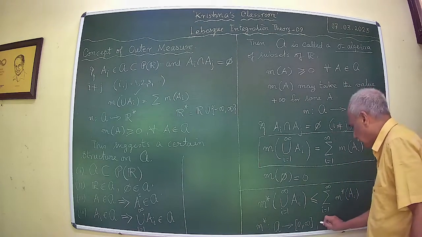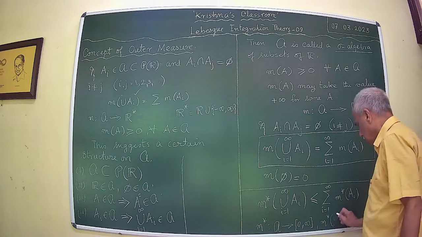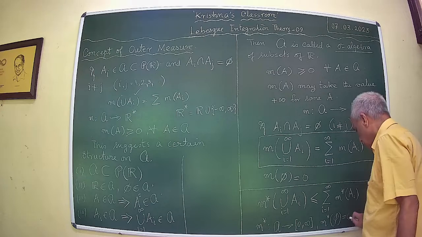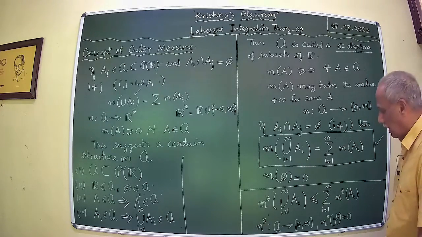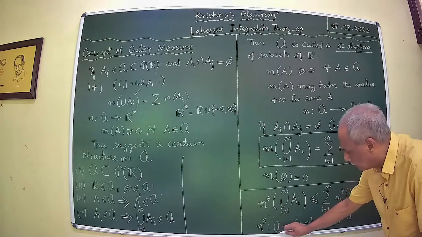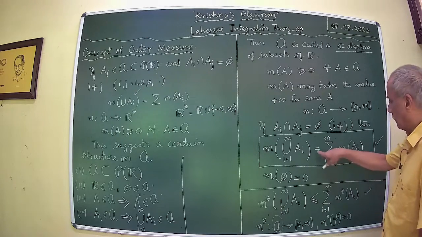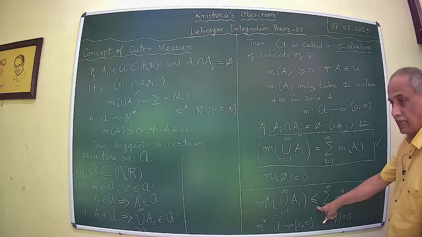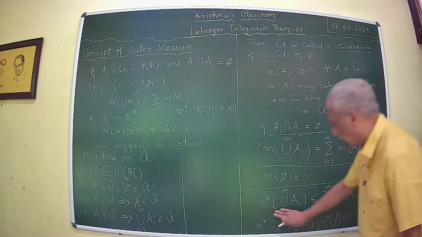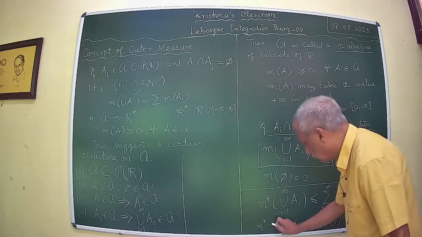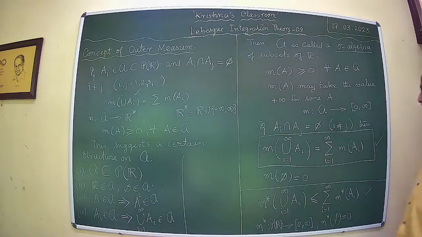Then m star of the empty set is also zero, and possibly with this relaxation, that is replacing the equality by an inequality, we are in a position to define m star on the entire power set of R.